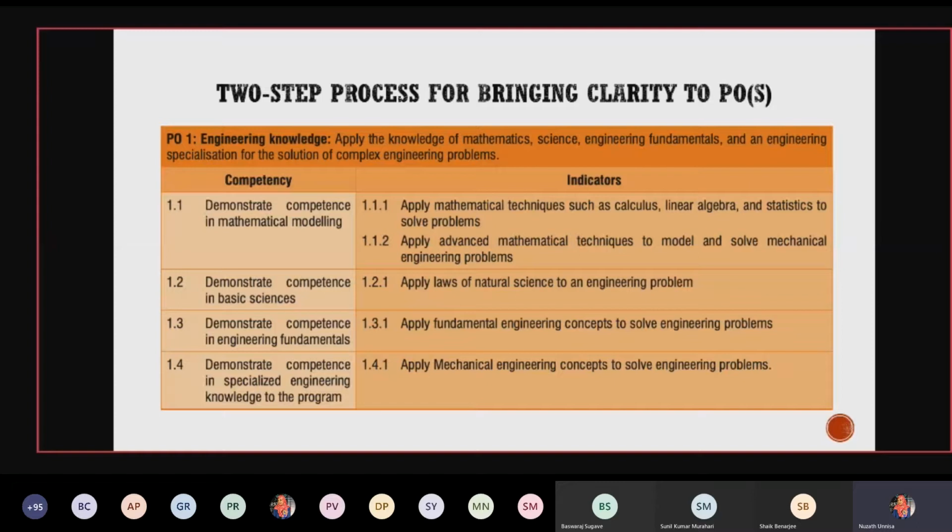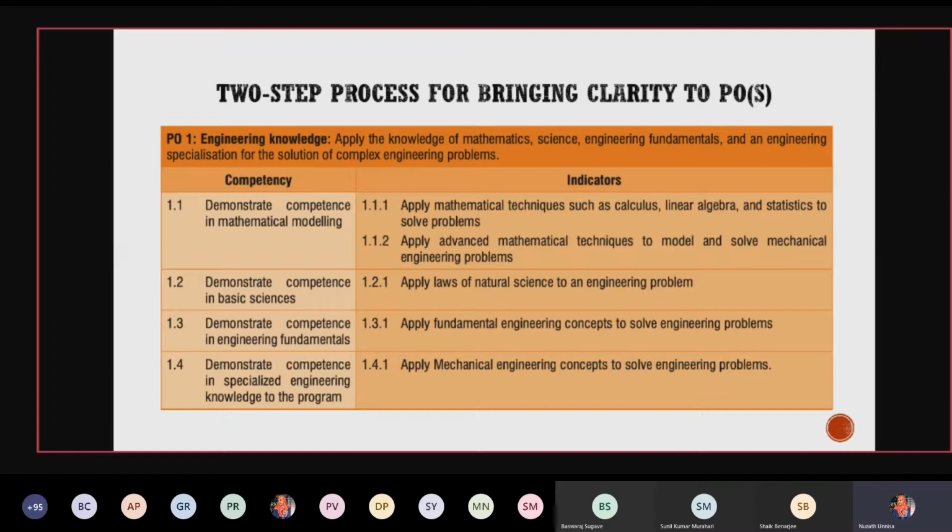One program outcome, if you notice, is classified into 4 competencies, and then we have different indicators under each competency. It is not just one program outcome. If we observe, we have so much to do with it. It relates to 4 different things, and those 4 competencies are again classified into indicators.